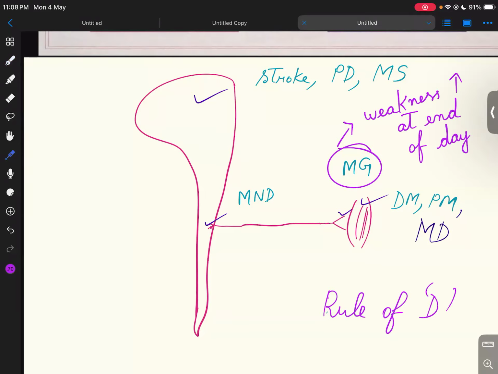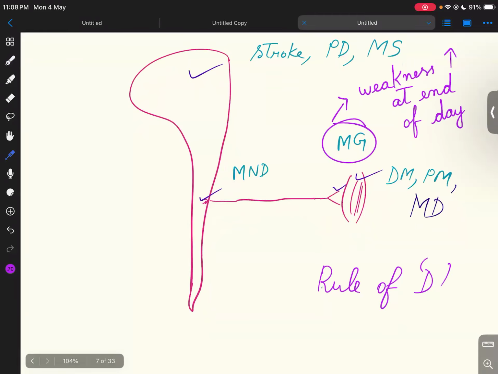Sorry, can you again repeat what question will be asked in case of MND? Only weakness, nothing else. Okay. This case has never come up to now. Only myasthenia gravis has come. So this is for myasthenia gravis. To rule out the muscle pathology, we have to ask the question of proximal myopathy.